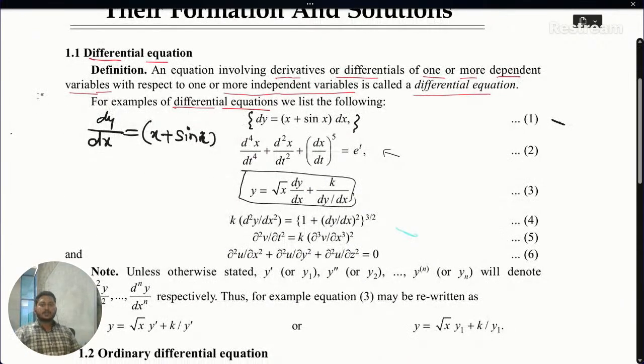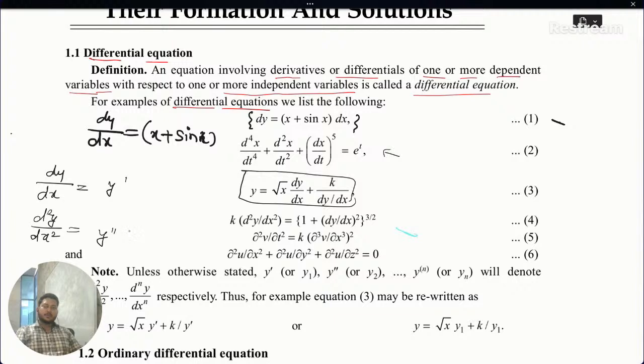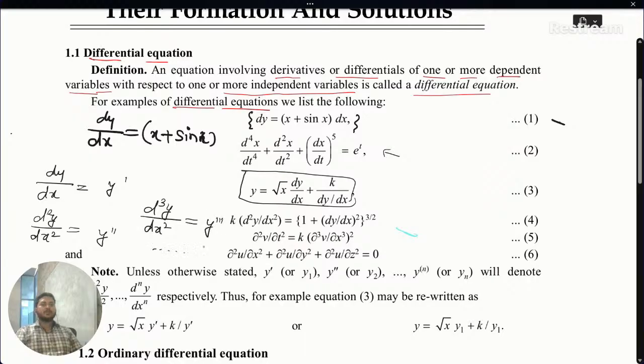So these are the basic types, and we may denote dy/dx as y dash, d2y/dx square as y double dash, and d3y/dx cube as y triple dash, and so on. When the order increases, the number of dashes also increases.